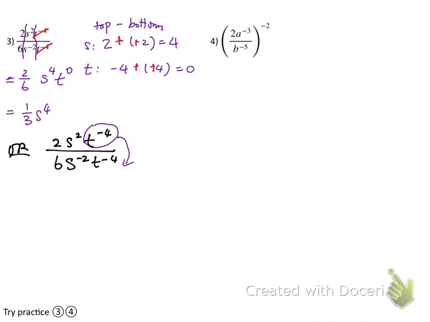When it goes to the other side, it becomes positive. So let's move this one first. This will be 2s squared over 6s negative 2 t negative 4. And the t negative 4 from the top goes down and becomes t positive 4. So when it comes down, it becomes positive 4. You drop that negative sign.